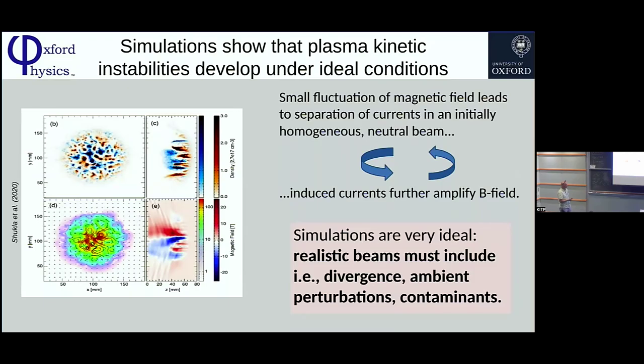There are some ambient perturbations in the intergalactic medium. And there are not just electrons, positrons and protons, but there might be many other components, hadronic components, that can become important. So all of this needs to be addressed at some level, in particular if you want to do experiments.